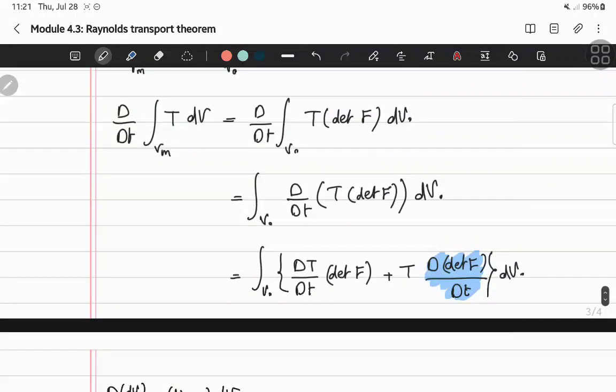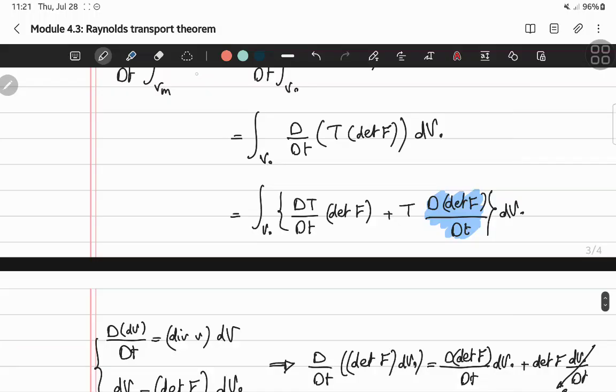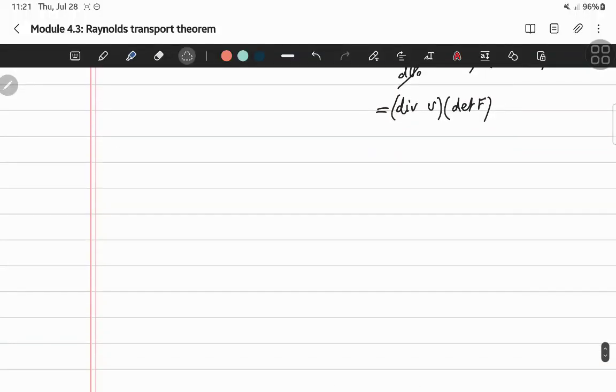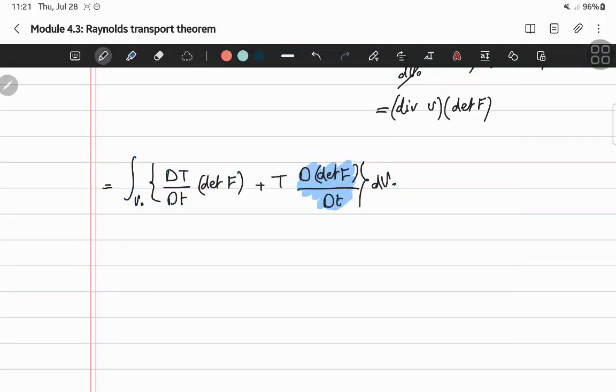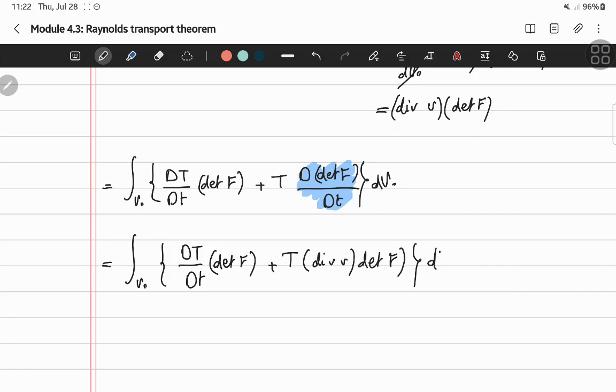So now, again, I can write this down here. Copy, paste this in here. So this is equal to the integral over V0 of the material derivative of T times the determinant of F, plus T, and now instead of this expression we have the divergence of v times the determinant of F, whole dV0.